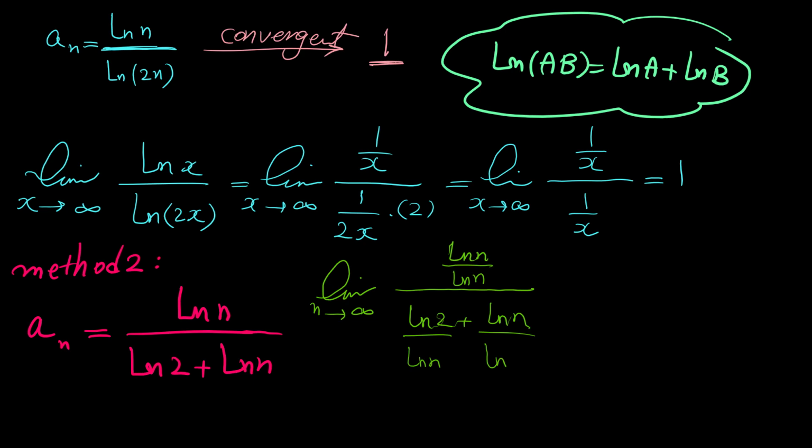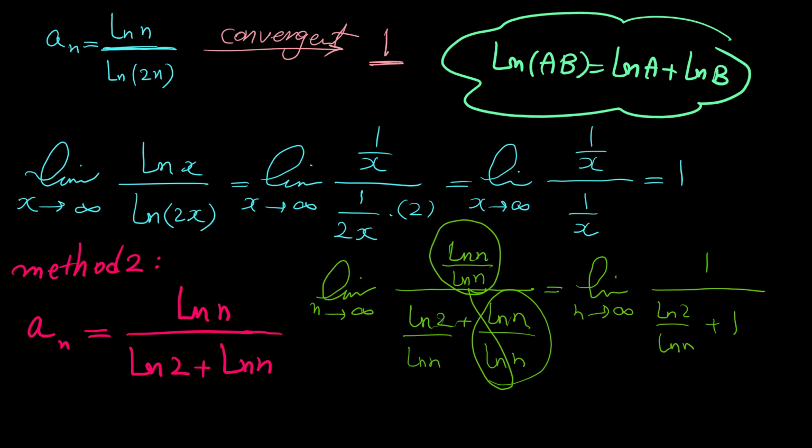So we divide every term in the numerator and every term in the denominator by ln of n, because ln of n is the biggest term in the denominator. Then we have the limit as n approaches infinity of 1 over ln of 2 over ln of n plus 1, since ln of n over ln of n is 1.